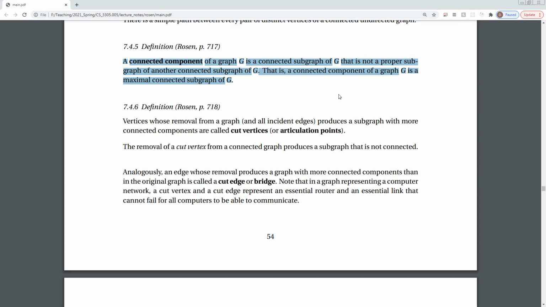Right? But if something happens to the router, then those two areas, those two regions or whatever, become two distinct subgraphs, right? And so they are both connected components where every device can see each other within that subnetwork, but the two areas can no longer see each other because you lost that one vertex.